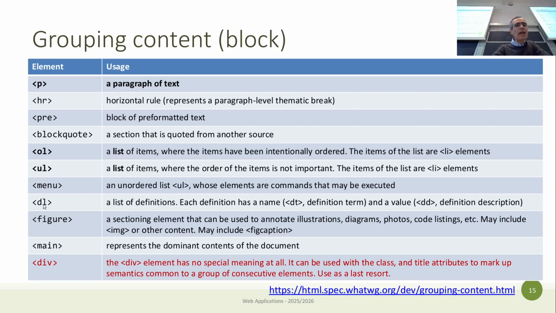Items are LI, list element. And then there are other tags. Div is a bit special because it has no default meaning. We can attach meanings using CSS classes and so on.